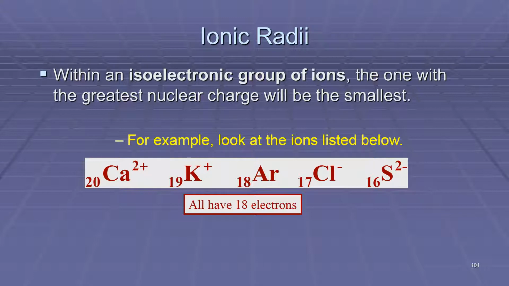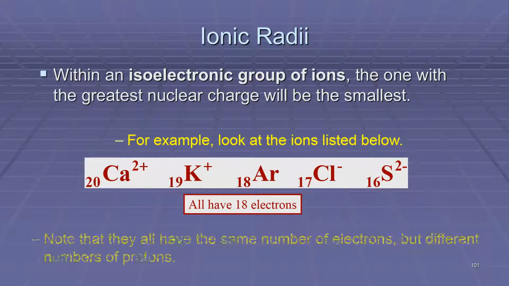If it loses 2 electrons, it has 18. Potassium has 19 protons and electrons, loses 1 to become isoelectronic with argon, also 18 electrons. Chlorine gains 1 electron to become like argon, and sulfur will gain 2 electrons. Notice they all have 18 electrons.